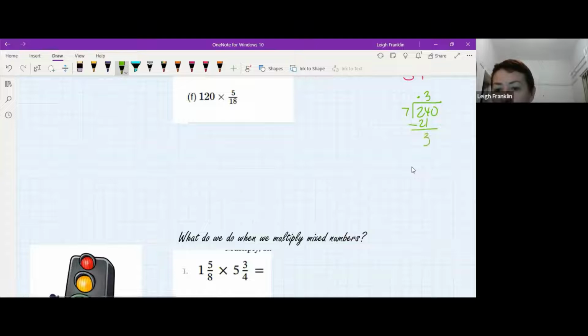Then you say 24 minus 21, which is 3, bring down the 0, and then 7 goes into 30 4 times. It does. Okay, and that would leave us with? 28. 28. Okay, and then again, we would have to bring down a remainder.